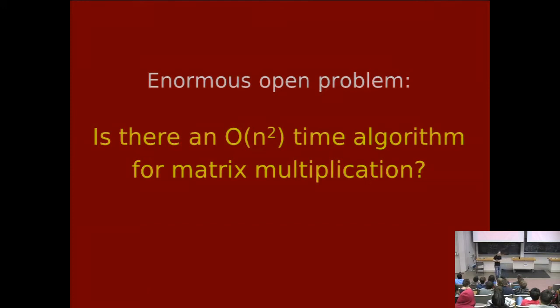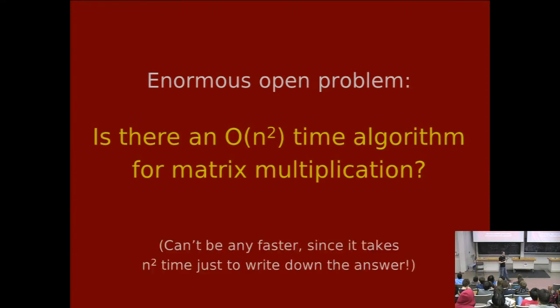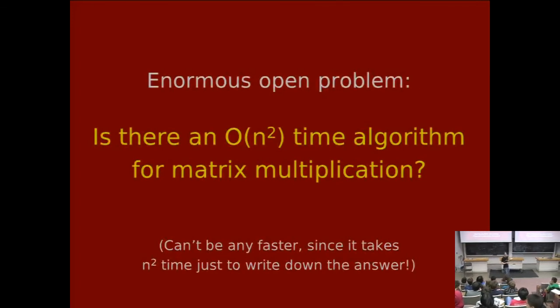Can you get it lower than O of n squared? Can you get n to the 1.9? No, you cannot, because you have to write down the answer. There are n squared numbers in the answer, and you have to write them all down. So n squared is the fastest you can do. Some people dream that you can get it down to n squared. Maybe you can't. That's a major research problem.